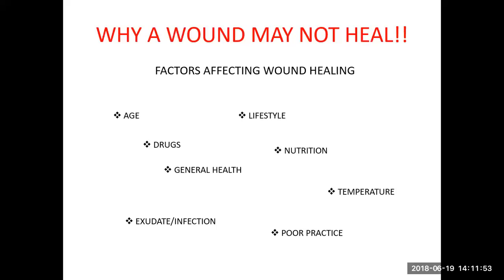Certain drugs can affect wound healing, such as chemotherapy, steroids or anti-inflammatories. Temperature is important. Any drop in temperature can delay healing as well. Could be poor lifestyle, poor mobility, alcohol, smoking, stress. The wound itself could have an infection in it. There could be exudate. Wounds should not be too wet or too dry, or there could be poor practice, where the dressing is not applied properly.